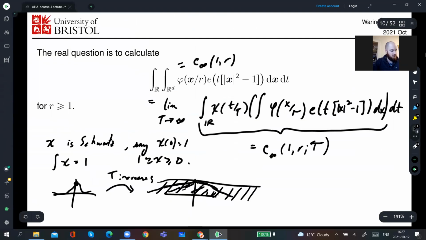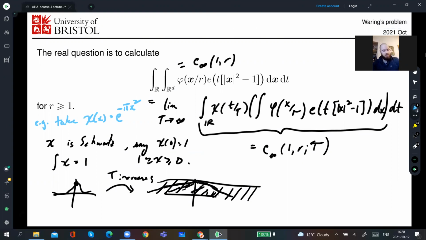A very good example is to take chi to be a Gaussian, e to the minus pi x squared, the normalized one, so that it interacts well, because I've chosen my characters to be e to the 2 pi i, so this pi is also the right one to use.